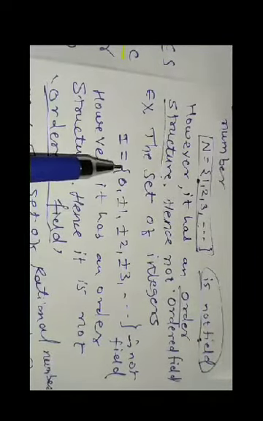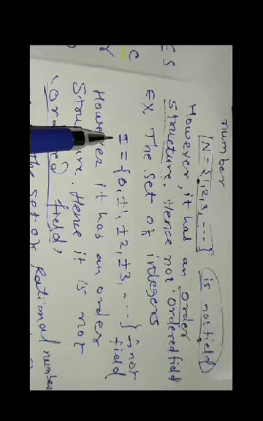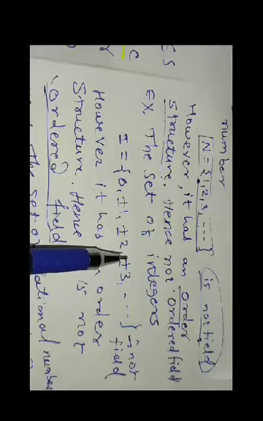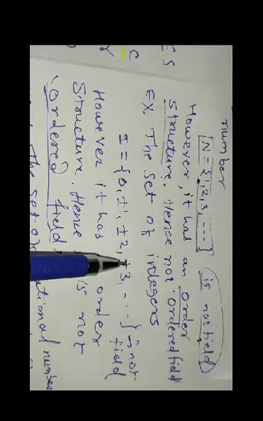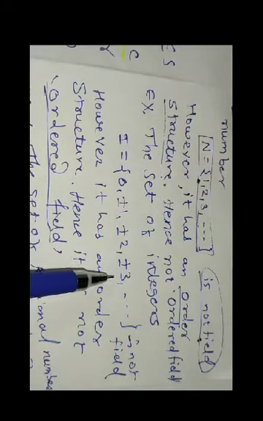It is the same as the natural numbers in the set of integers. In the set of integers I, there are 0, plus minus 1. It is also not a field because it does not have a multiplicative inverse. But it has an order structure because we can compare any 2 integers.